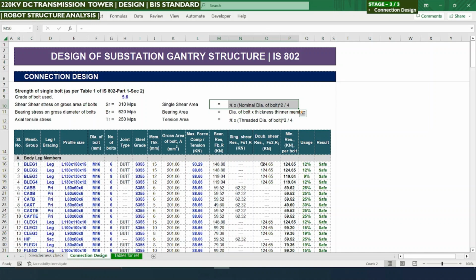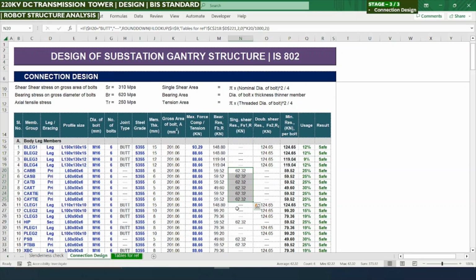So where we need to apply single shear and double shear: for all the leg members which are subject to a butt type of joint, it is not a lap joint, it is a butt joint, we need to consider only the double shear. For the remaining bracing members, we need to consider single shear. Why is it so?